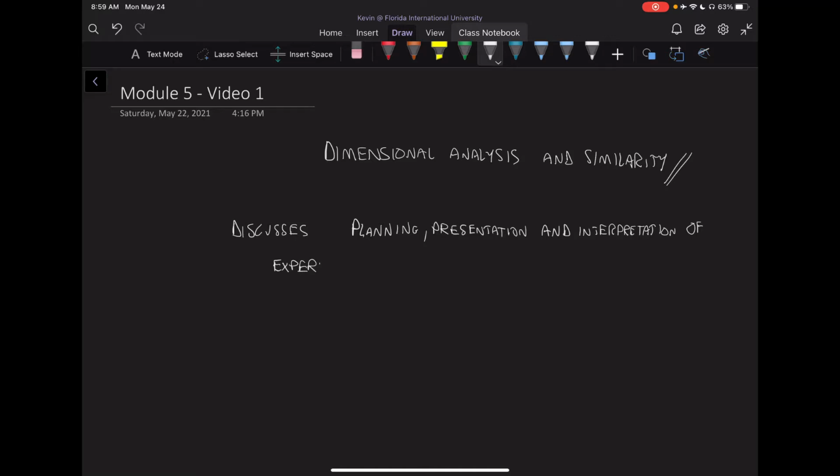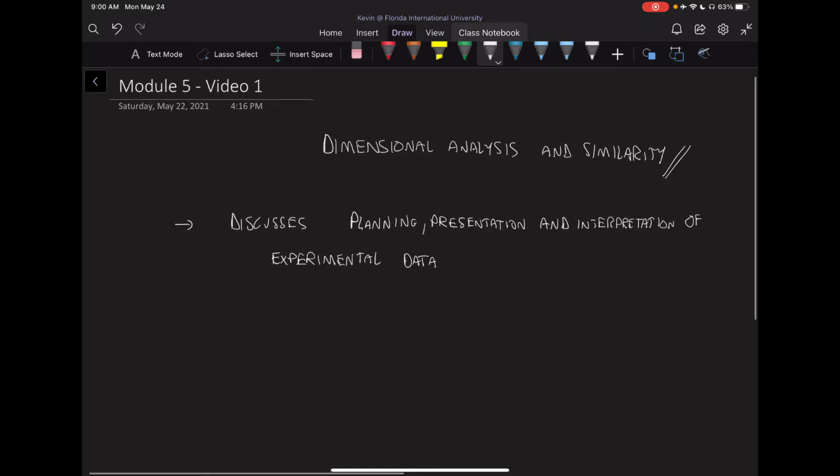And we're going to see that through this chapter, we're going to be able to make a lot of simplifications to experimental problems and see how experimental data can be best achieved, essentially.